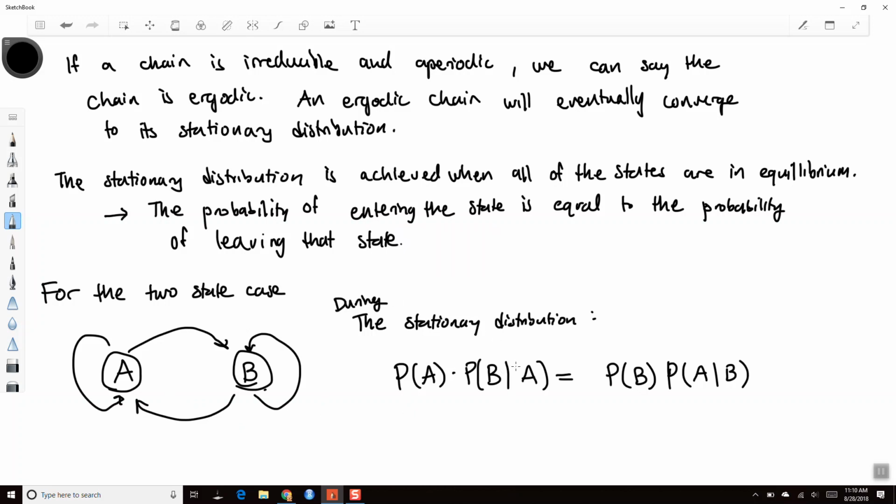So let me just illustrate this in our two-state case.